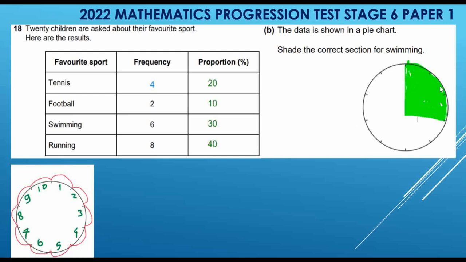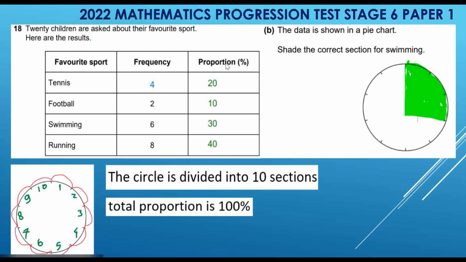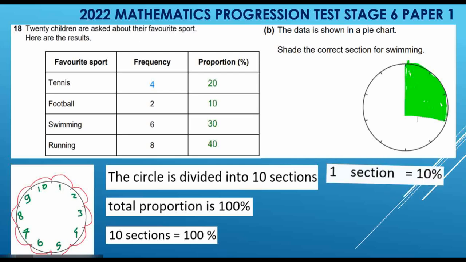The circle or pie chart in the question is divided into 10 segments: 1, 2, 3, 4, 5, 6, 7, 8, 9, 10. So the whole pie chart is divided into 10 segments, and the total proportion is 100%. So it means 10 sections is 100%, and 1 section is 10%.